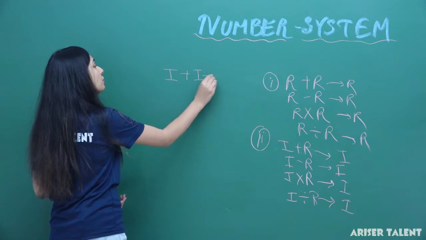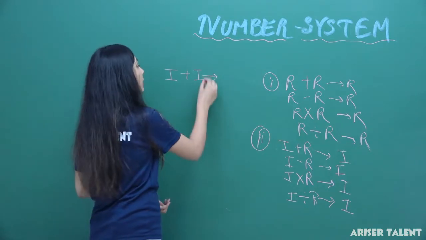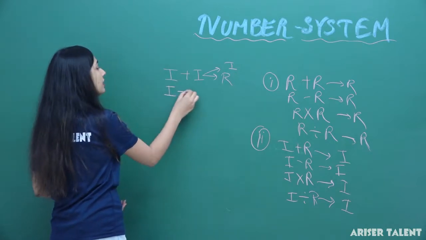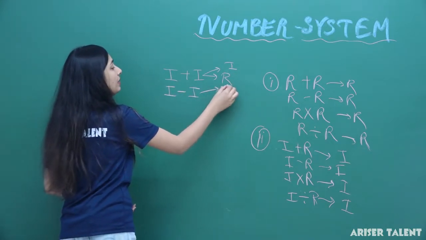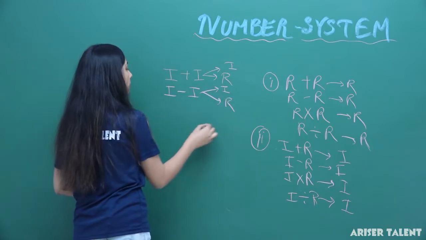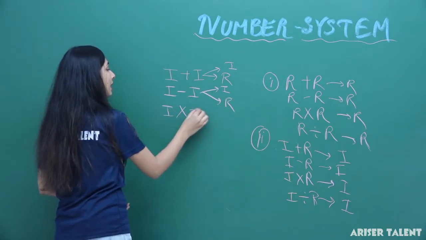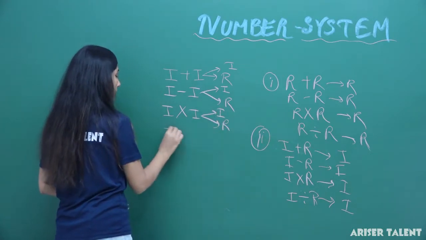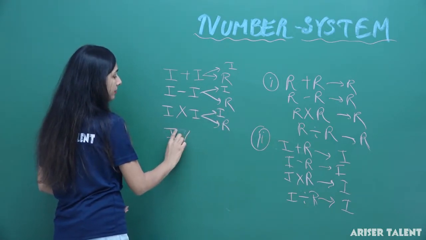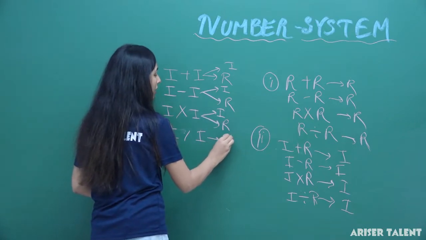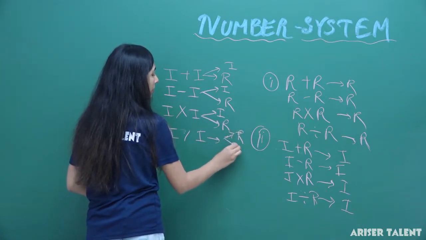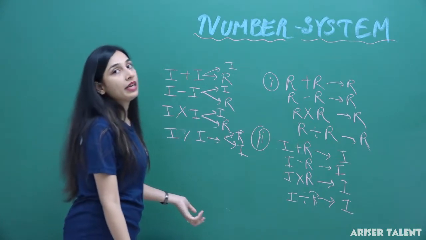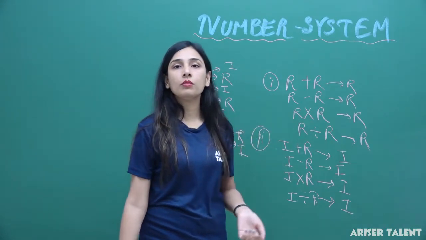And then we only have the case of two irrationals. Irrational plus irrational is what? It has two cases, it may be irrational and also rational. Likewise, irrational minus irrational may be rational, may be irrational. Multiply again may be irrational, may be rational. Divide may be rational, may be irrational. That means the possibility is whether it can be rational or irrational depending on what numbers you are choosing.